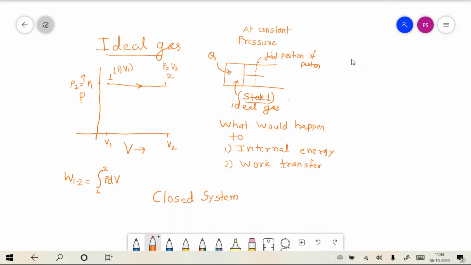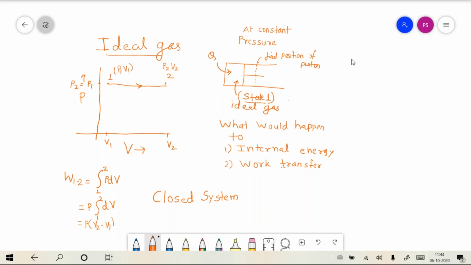If you integrate P dV, this is a constant pressure process, so I can take P outside the integral, and this would be the integral of dV from 1 to 2, because P is constant. So what you will get is P into (V2 minus V1).